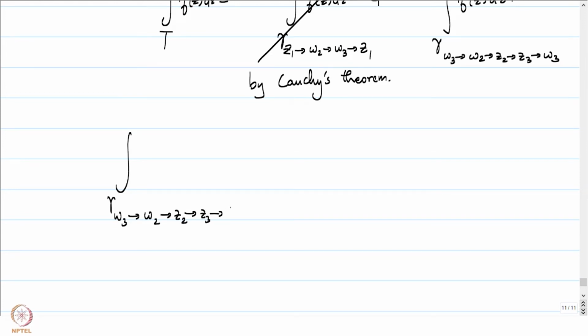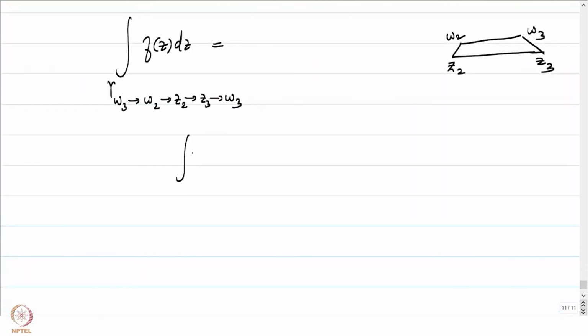Let me just draw it. This is the polygon we are interested in. We have a Z2 here, there is a Z3, there is a W3 here, there is a W2 here. So, the integral over W3 to W2 to Z2 to Z3 to W3 of f of z dz is just the sum of the integrals over the various straight lines.